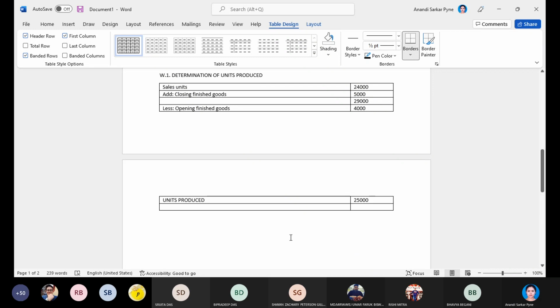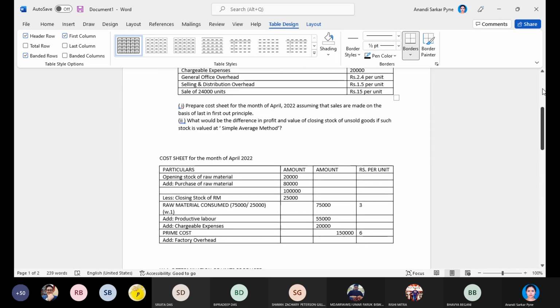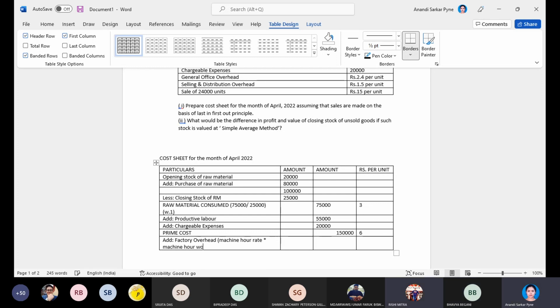So machine hour rate multiplied by machine hours worked, 16 multiplied by 2,500, is 40,000 rupees.